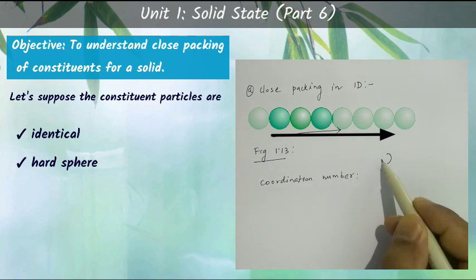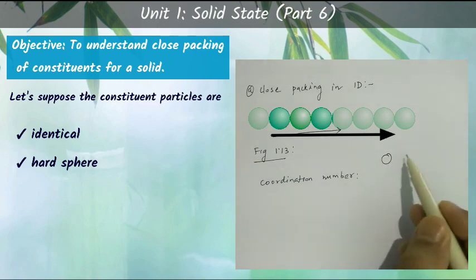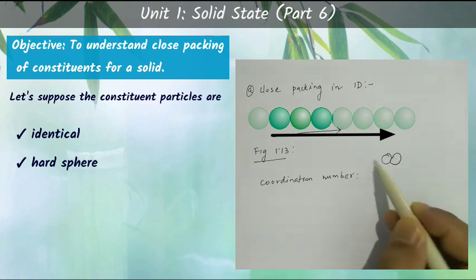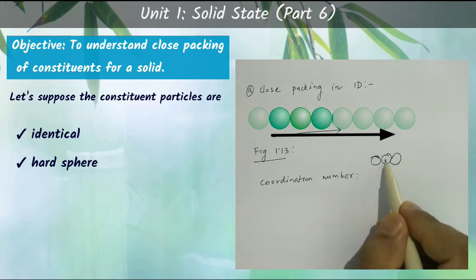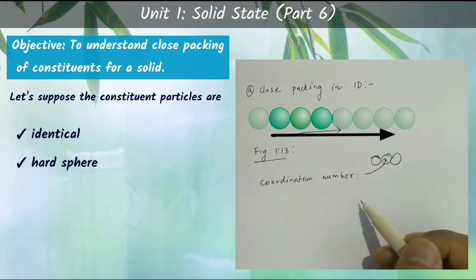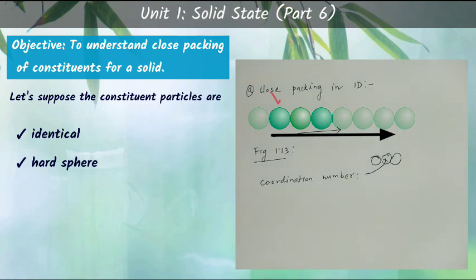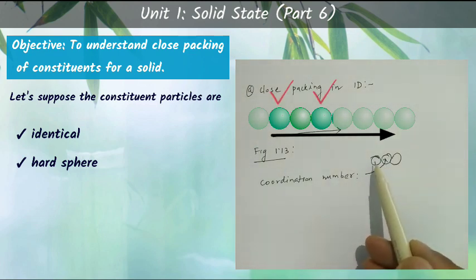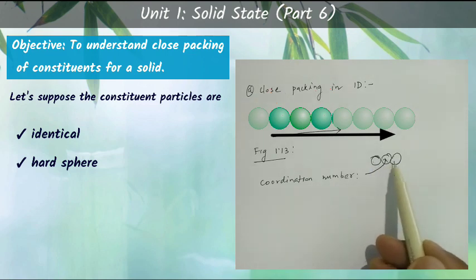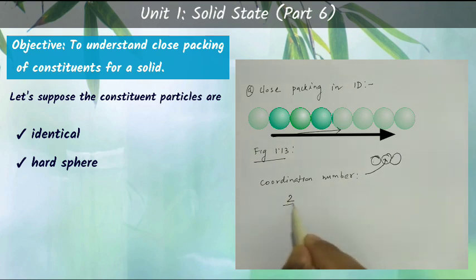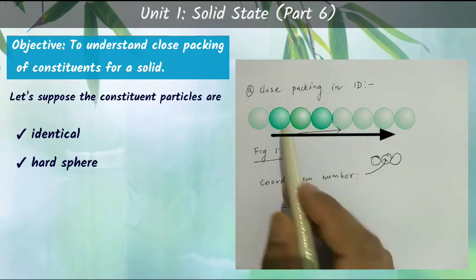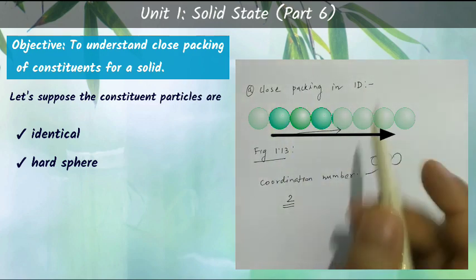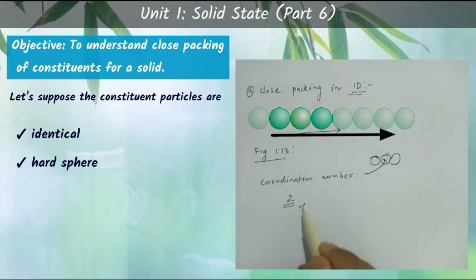That means if this one is the 1 constituent particle, then the number of constituent particles near this one is the coordination number. Here you see only 2 of them are near this constituent particle, so the coordination number will be 2. Understand? Clear? Very simple. So the coordination number for close packing in 1 dimension is 2.